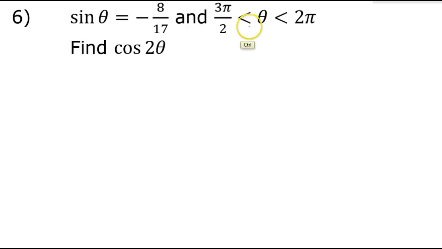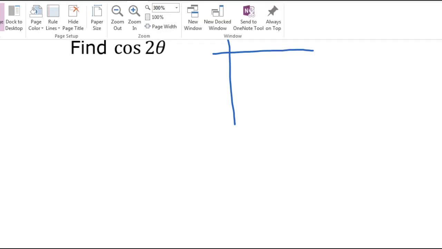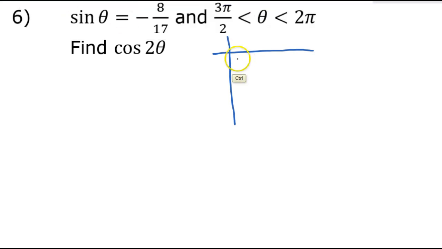For number 6, well, once again we are between 3 pi over 2 and 2 pi. So that means once again we are talking about the fourth quadrant. So let's get that going. Our little picture, my friend. Okay, fourth quadrant.